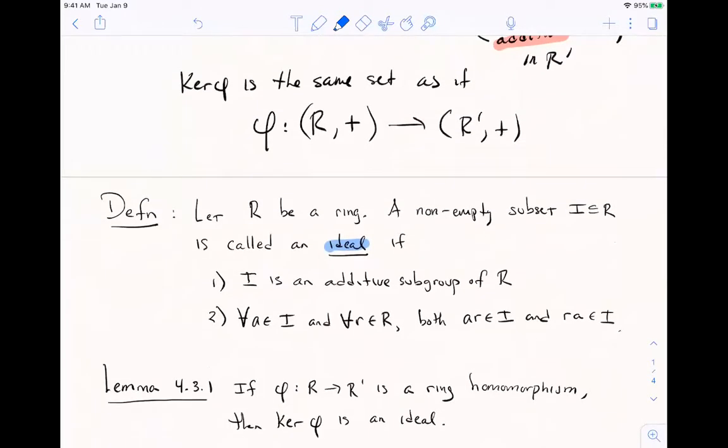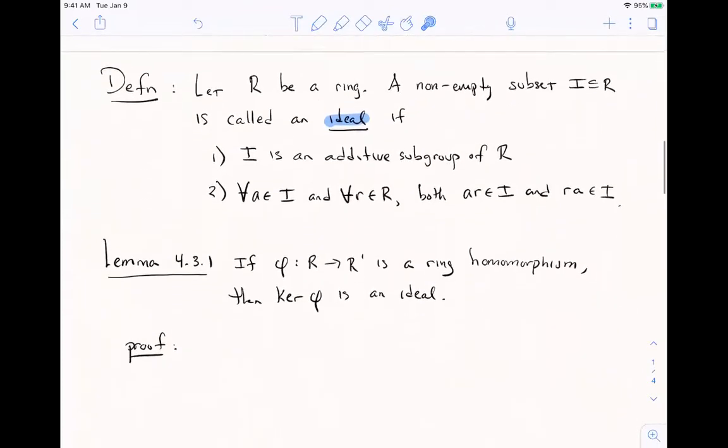Okay, here's how we're going to define an ideal. An ideal in a ring is a non-empty subset, calling it I for ideal, and it has two conditions. First of all, it's an additive subgroup. If you look at this subset, it has to be closed under addition. It's got the 0. It's closed under inverses. It's an additive subgroup of the group R under addition. And then here is the multiplicative part.